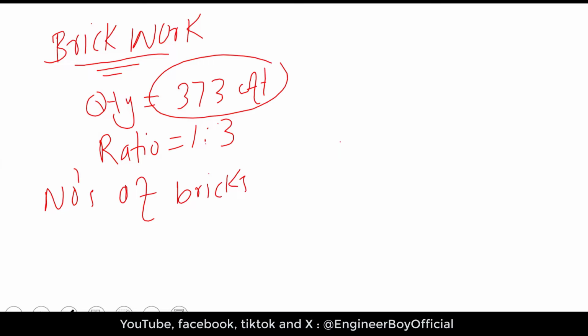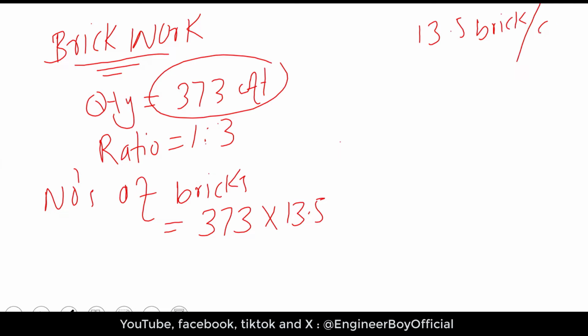To determine the number of bricks, you have to multiply 373 by 13.5. What do you mean by 13.5? Because we have 13.5 bricks per CFT. If you have one CFT of brickwork, it means you should be using 13.5 bricks.